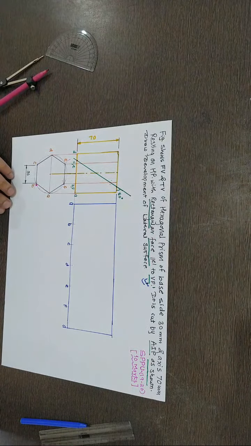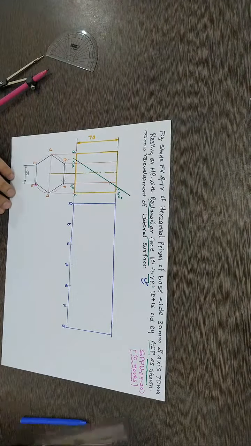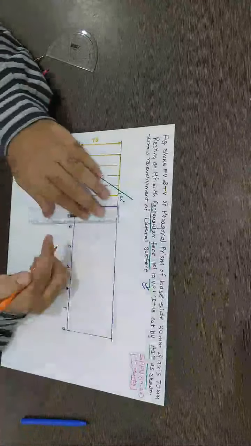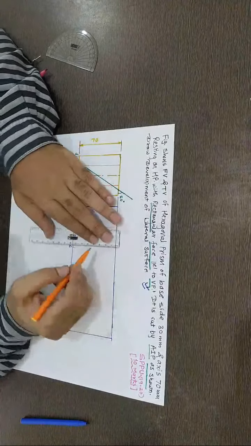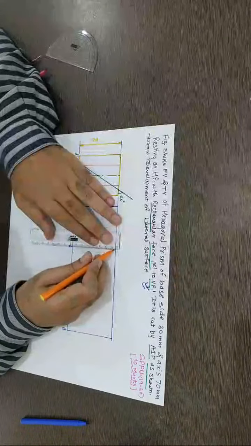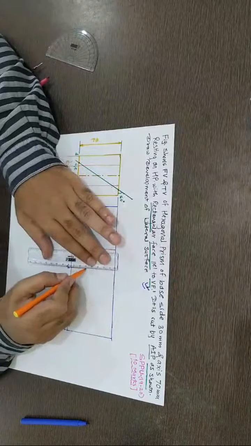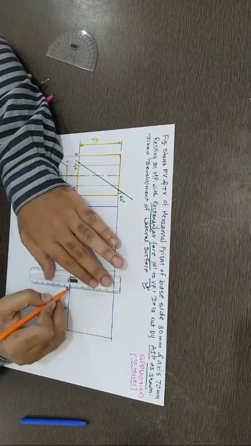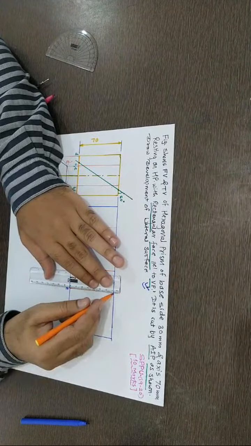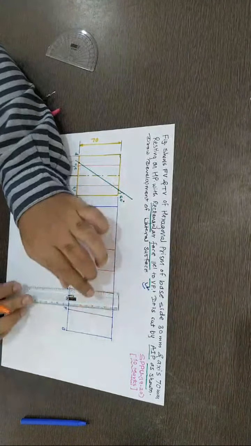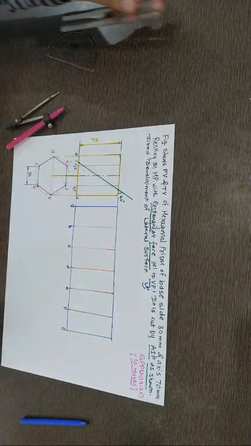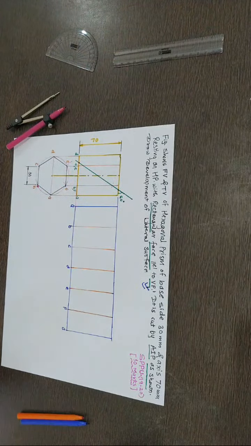Okay, so first this is the development. Now I'll mark all the edges, and the surfaces which you can see. While drawing in the exam, make sure all those lines are faint, lightly shaded, and thin.